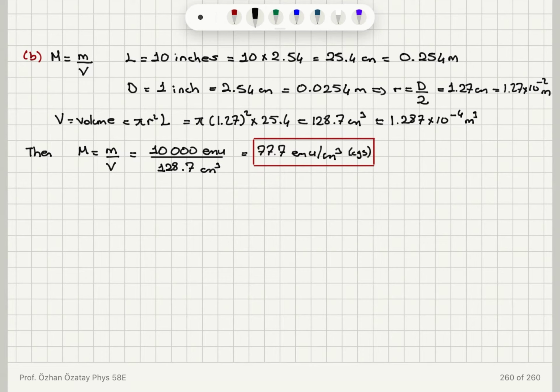Or I can do the magnetic moment 10 ampere meter square divided by the volume 1.287 times 10 to minus 4 meter cube, and this will give me 77,700 ampere per meter for magnetization in SI.